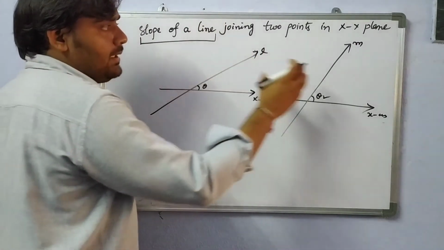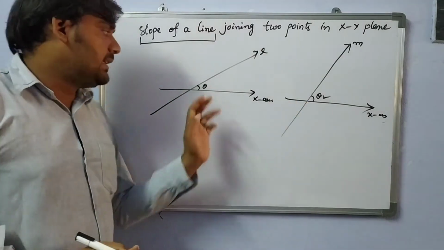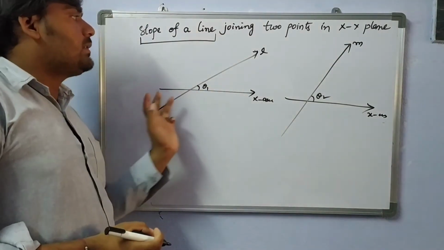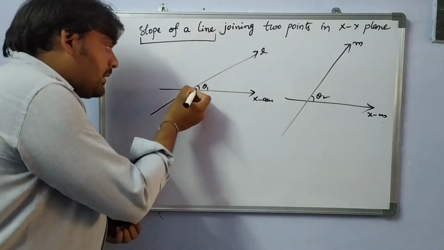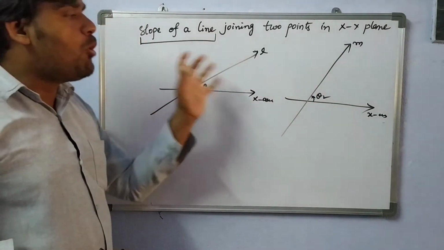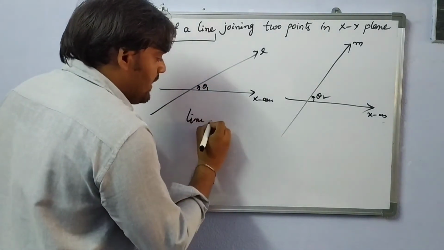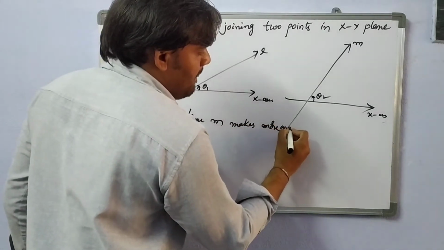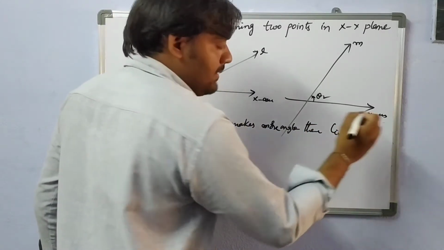Between line L and line M, which line makes more angle with the x-axis? Theta 1 and theta 2 are the two angles made by the two lines L and M with the positive x-axis in anti-clockwise direction. Definitely we can say that line M makes more angle than line L, isn't it?